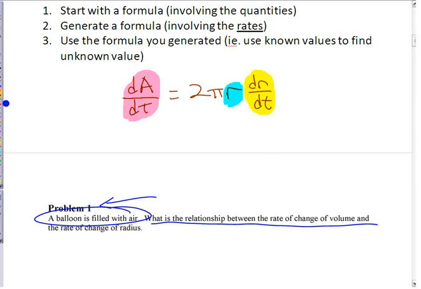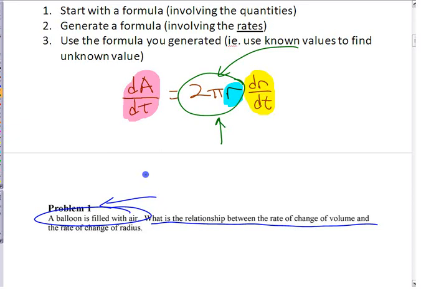Incidentally, this formula, dA dt is dr dt times 2 pi r. What does that actually represent? You're going to find this as you work through some of the formulas.